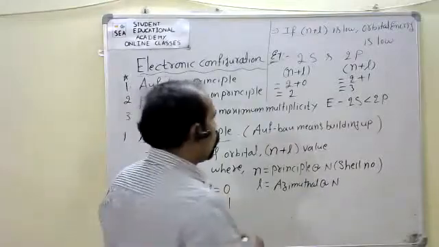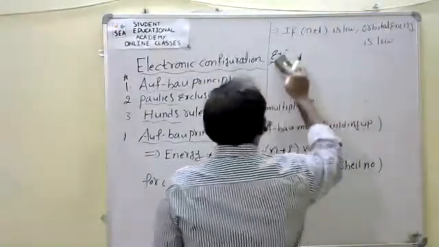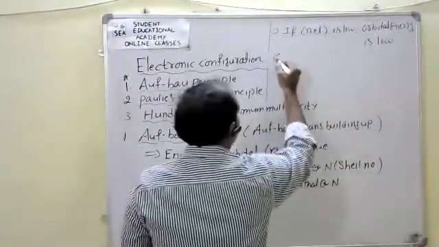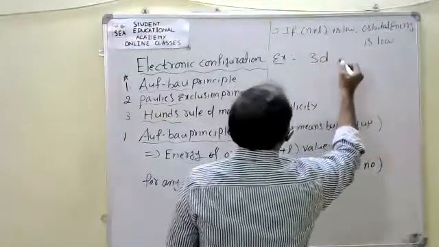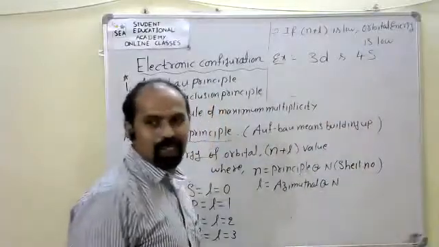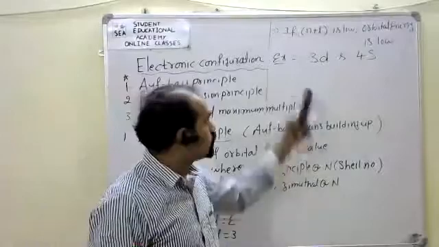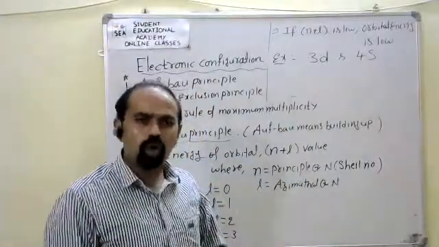One more important example. If I have given 3d and 4s orbitals, say what is the energy of the orbitals, which is low and which is high.